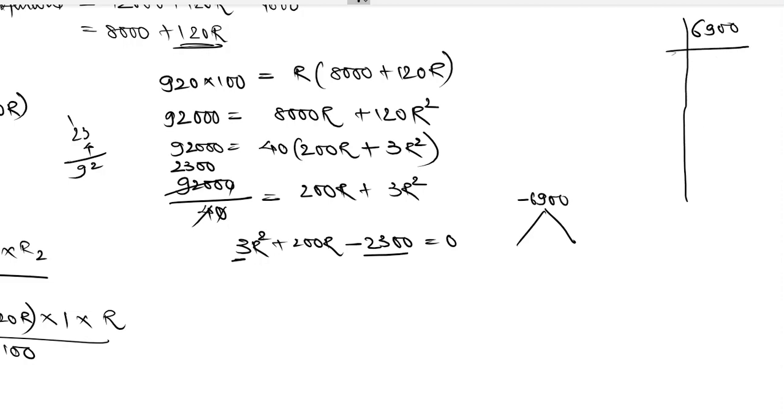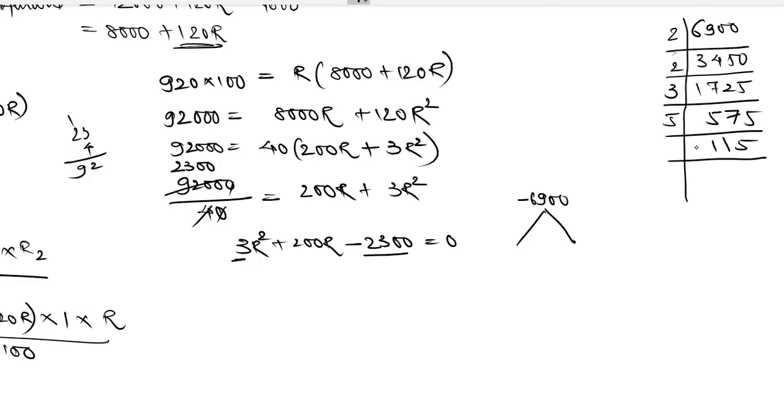The difference should be 200. 5 11s are 55, 2 remainder, 5 comes down, 25, 5 5s are 25.